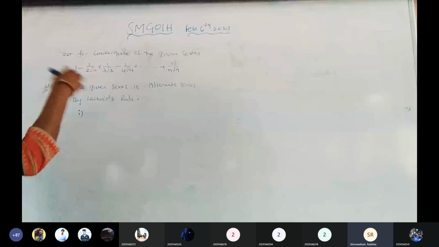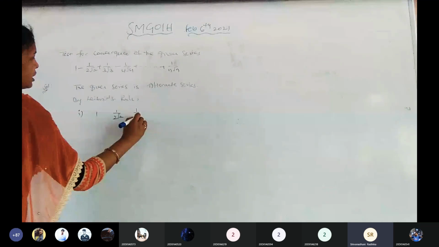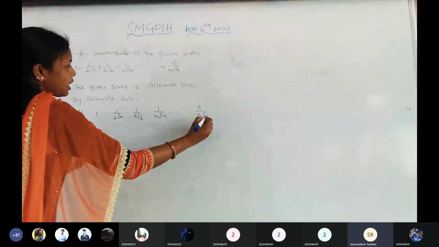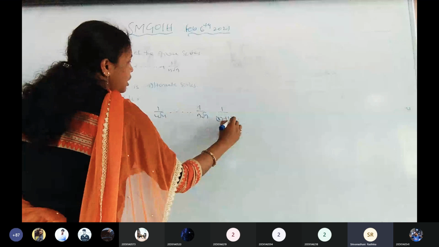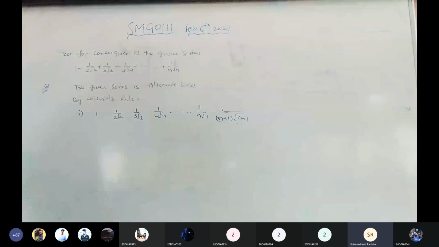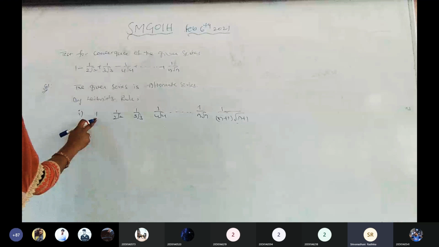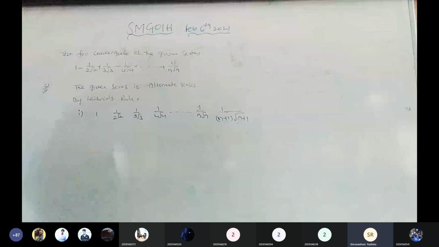We are going to write the functional term values: 1, 1 by 2 root 2, 1 by 3 root 3, 1 by 4 root 4, up to 1 by n root n, and the next term is 1 by (n plus 1) into the root of (n plus 1). Clear?